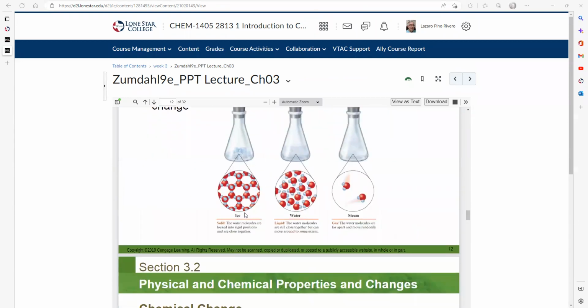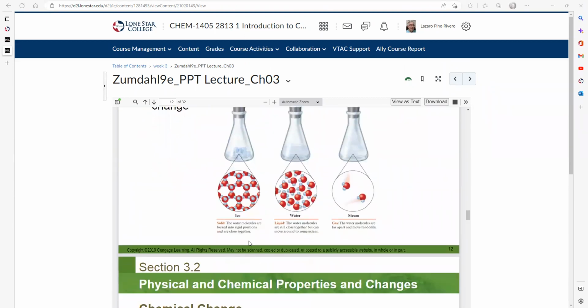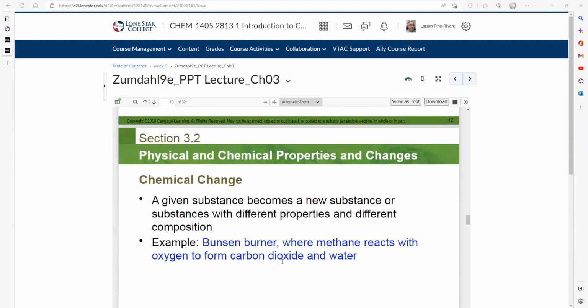Well, as I told you before, we have three states of matter: the solid, the liquid, and the gas. What is a chemical change? A given substance becomes a new substance or substances with different properties and different composition. For example, in a Bunsen burner, where methane reacts with oxygen to form carbon dioxide and water, this is a chemical change because at the beginning you have methane, but at the end what do you have?